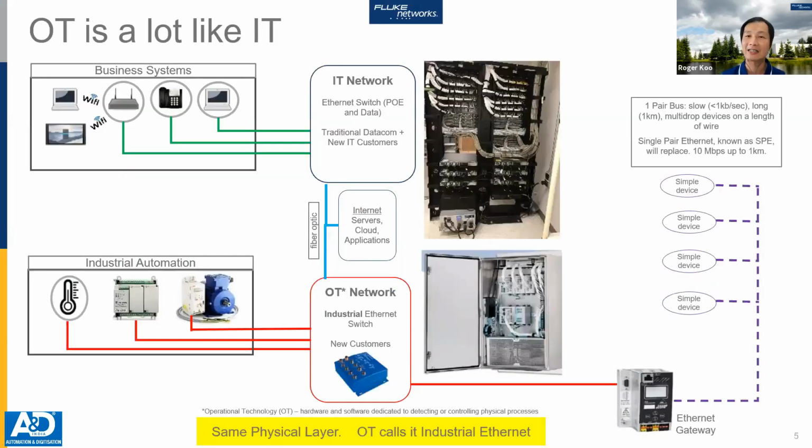Okay, from an architecture perspective, operational technology is a lot like information technology. Both have end devices that communicate through a fabric of switches and gateways. OT in industrial automation is a category of computing and communication systems to manage, monitor, and control the industrial operations, with a focus on the physical devices like the PLCs or the VFDs, and the processors that they use.